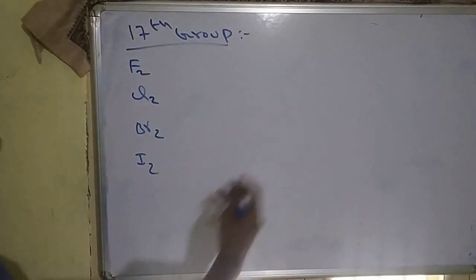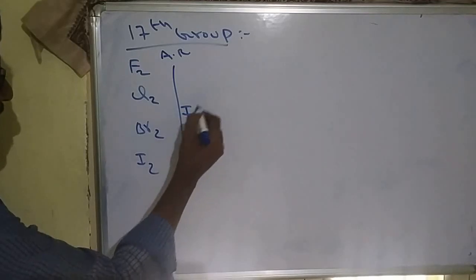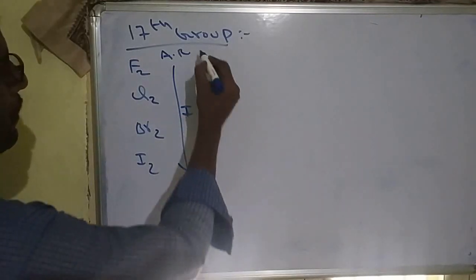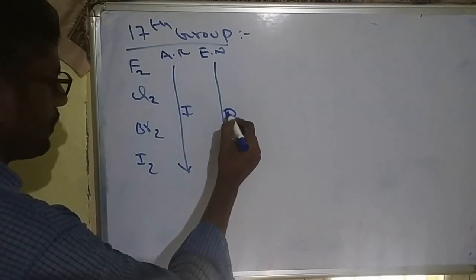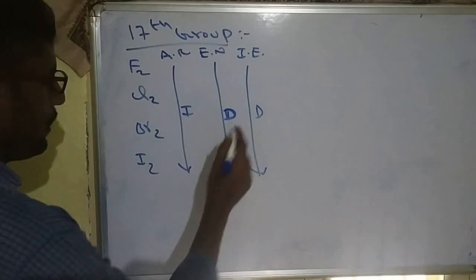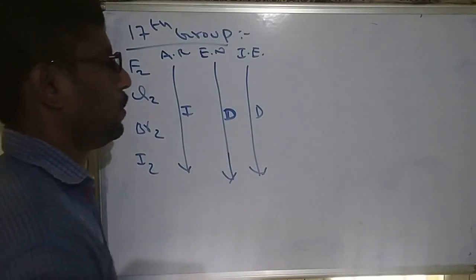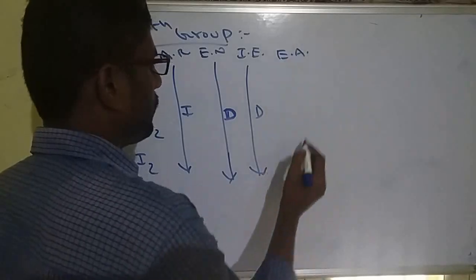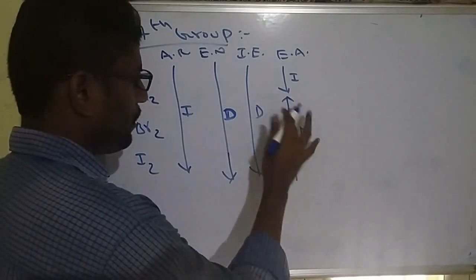Now, as usual, atomic radius increases top to bottom, electronegativity decreases top to bottom, ionization energy decreases top to bottom. Electron affinity: first to second increases, the remaining will decrease.